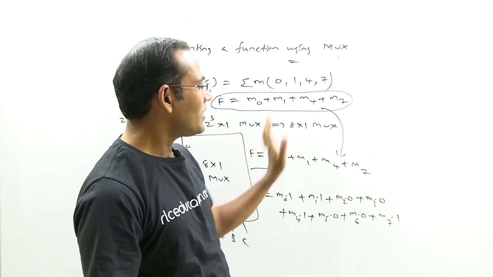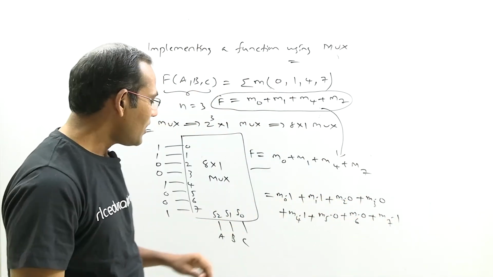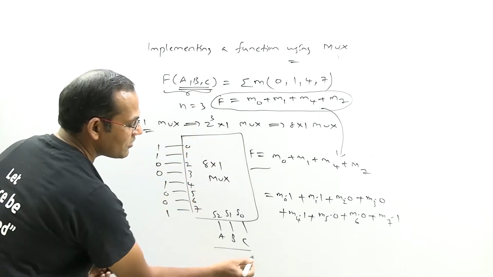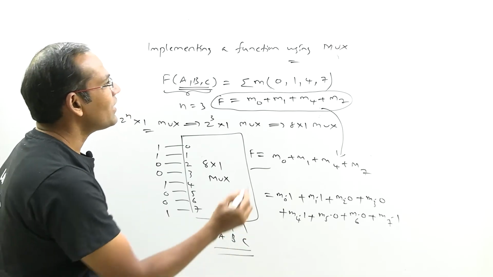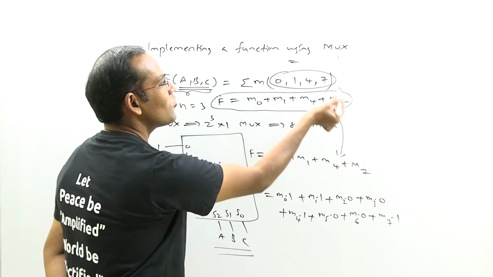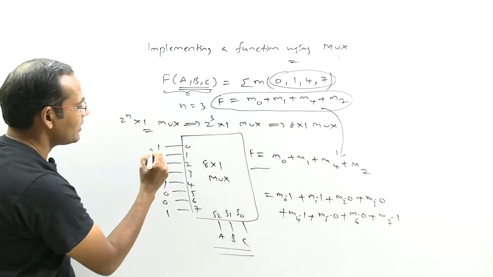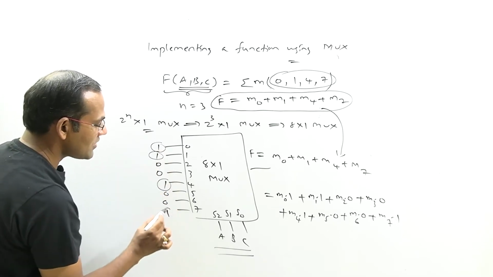Instead of thinking in a lengthy manner like this, one simple procedure is: always the input variables must be given to selection, and at these positions, that is at positions 0, 1, 4, 7, apply 1. This is the 0 position, 1 position, 4 position and 7 position.